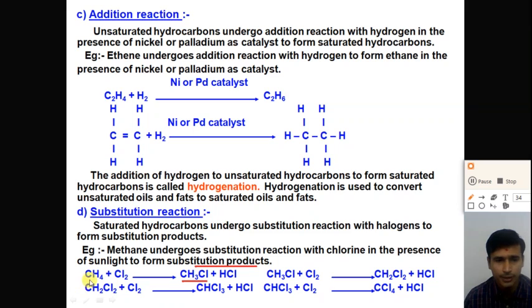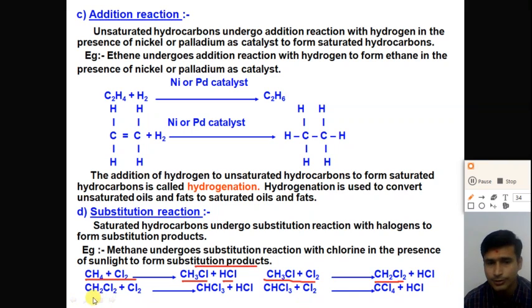So here methane, CH4, undergoes the substitution reaction with chlorine in the presence of sunlight. It forms chloromethane, CH3Cl, and produces HCl, that is hydrochloric acid. Similarly, CH3Cl again reacts with Cl2. It forms CH2Cl2 plus HCl.